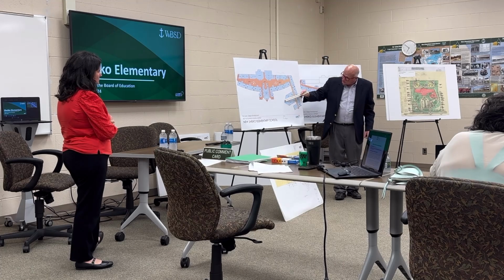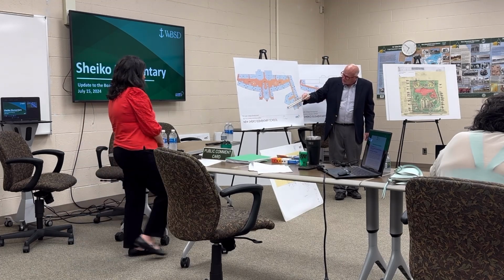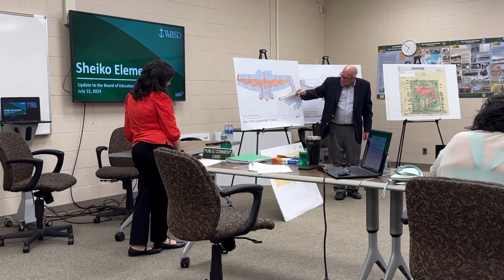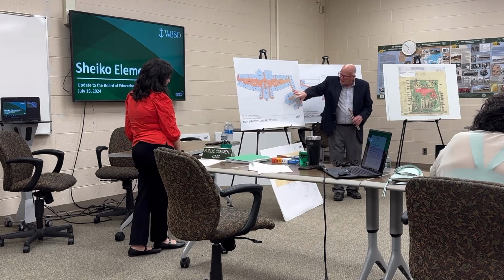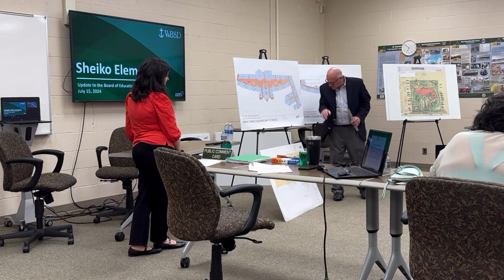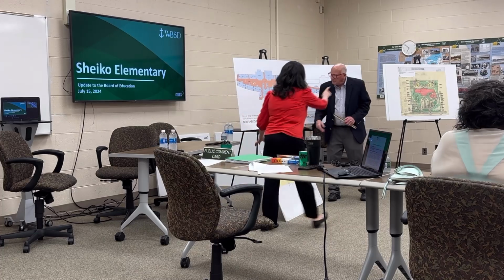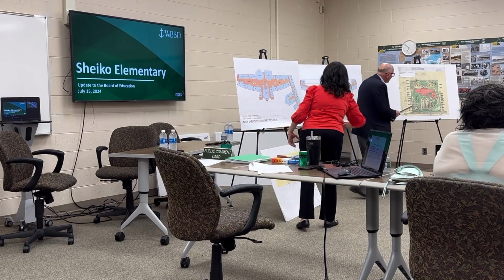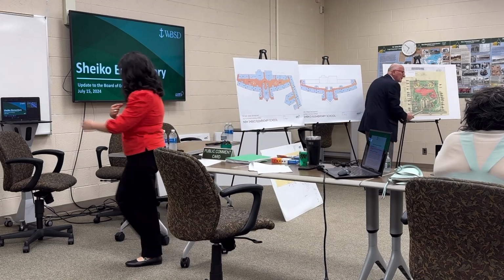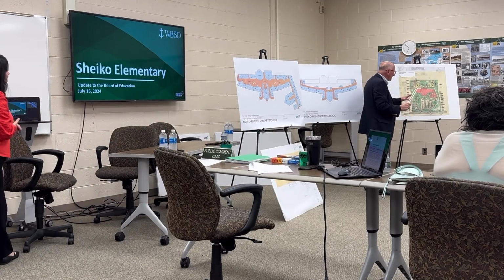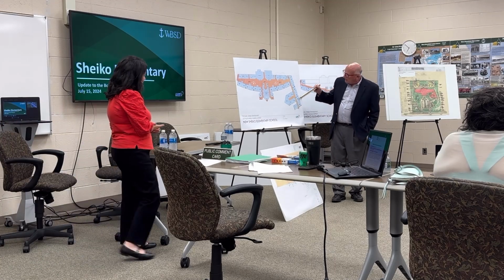Then we have a large gross motor activity center right here with access directly to the outdoors, and we have an interactive play area just for the younger children that is right in this location. Oh, the site plan again, please. Thank you. Right here, this is the play area for the early childhood center of the building.